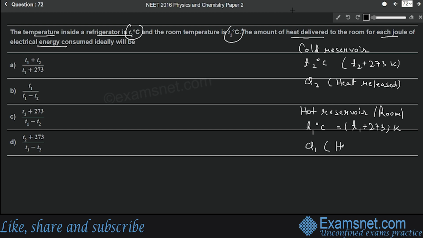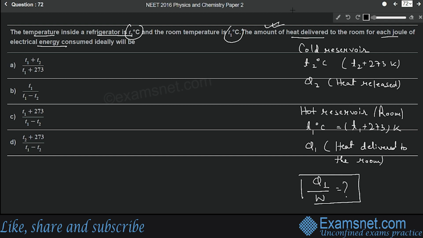This is the heat delivered to the room. Now what we have to find in this question is the amount of heat delivered to the room, that means Q1, for each joule of electrical energy consumed. Energy means work, so we have to find the heat delivered to the room, Q1, for each joule of electrical energy, that means Q1 by W. We have to find this.